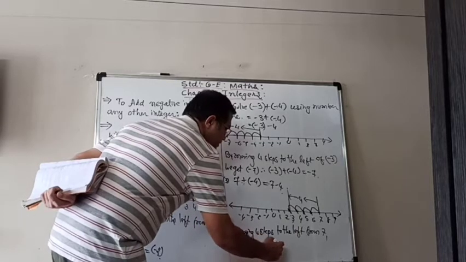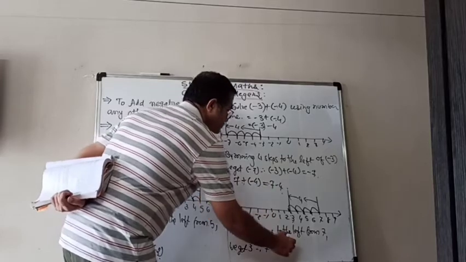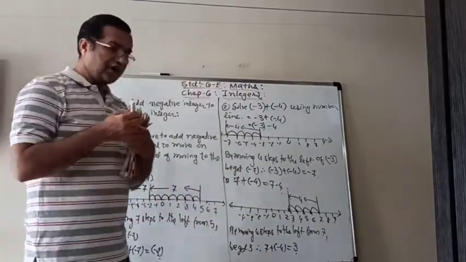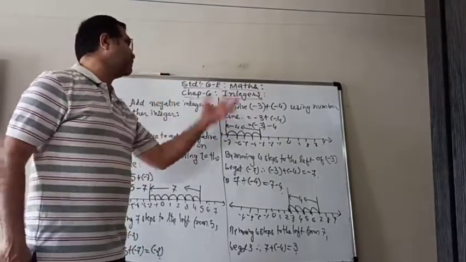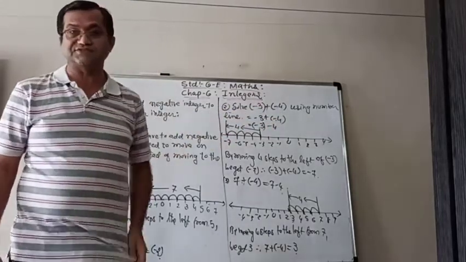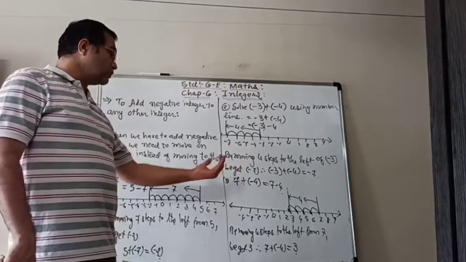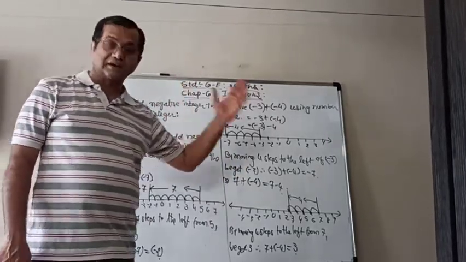Therefore, 7 plus minus 4 is equal to 3. So here, to avoid the confusion, I explained to you that when two signs are together, plus and minus, in this situation, we have to move towards the left in place of moving towards the right.